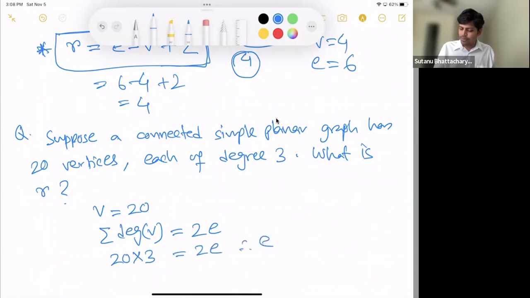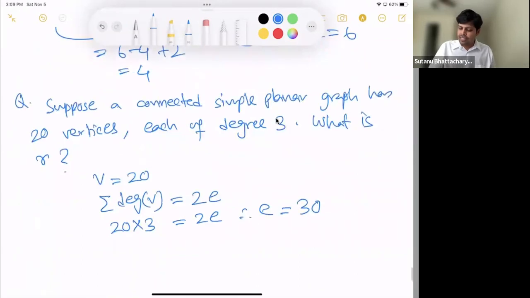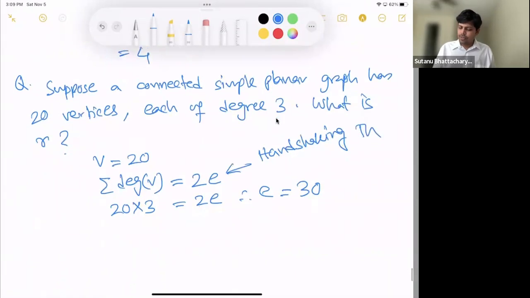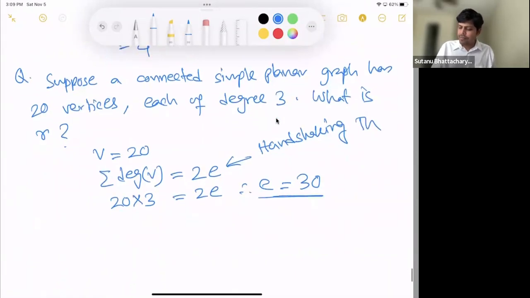So E equals 30. This is the handshaking theorem that we studied last day. So from there we calculated the number of edges.